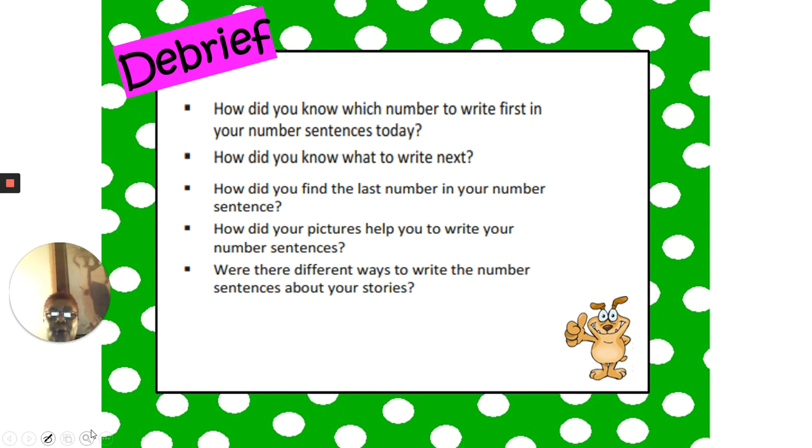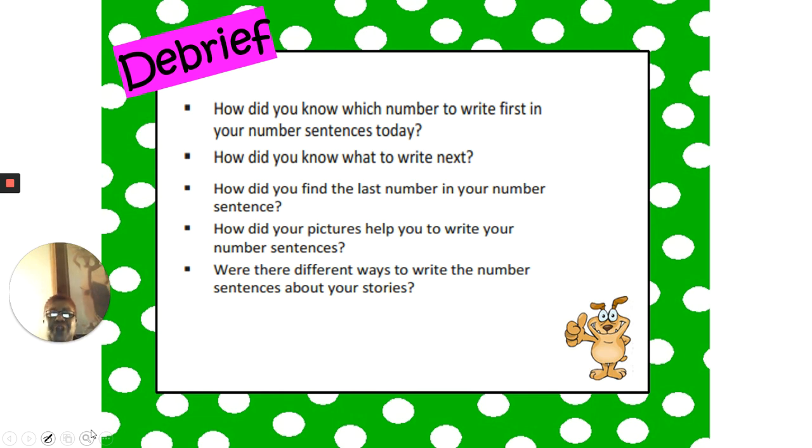How did you know which number to write first in your number sentences today? Tell your partner. If you said you look at the whole number, how many you had in all, you are correct.